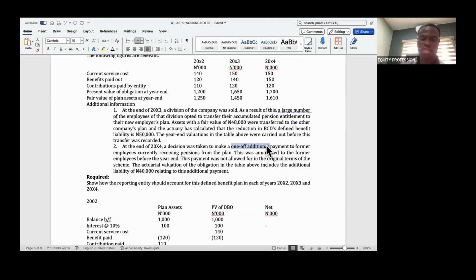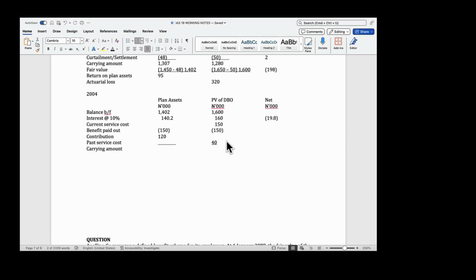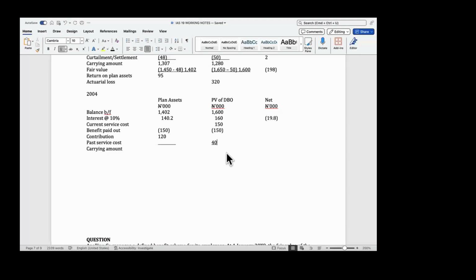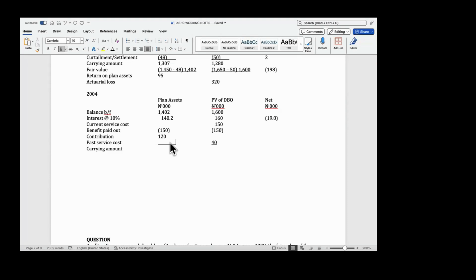Our obligation increased, so you add it to your obligation. And you also asked, how do we identify a curtailment? If a question is given to us, how do I know that this scenario is curtailment? It's either they have shut down the division or they sold the division and people have to leave. That's a curtailment, like a shutdown or a cancellation of a plan or a shutdown of business.